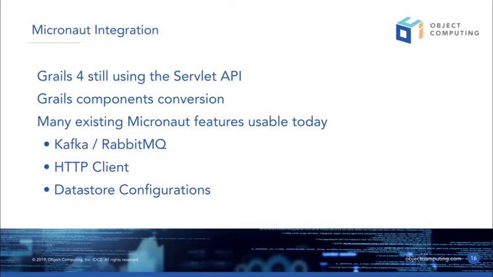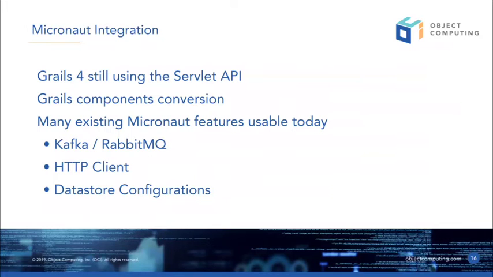We're going to be converting any Grails plugins or internal components that we use to Micronaut over time. The idea there is to improve the performance of your Grails applications. The more of the beans that get created with Micronaut, the faster your application will be, basically.